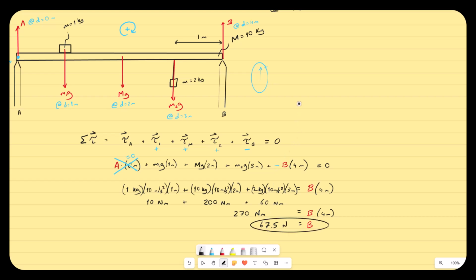Now when I want to find A, I could either set my axis here and redo the whole problem, or I can say, you know what, this whole thing isn't going anywhere. Let's just set my sum of forces equal to 0. Got A minus M1G minus Mg minus M2G plus B equals 0.